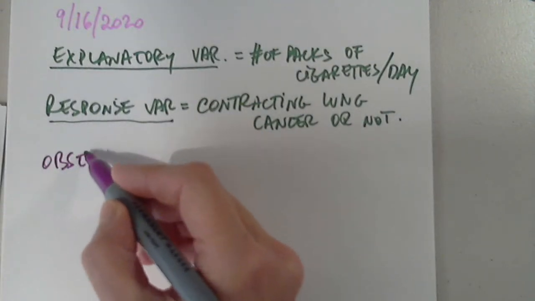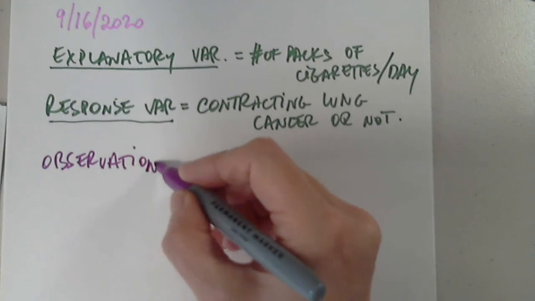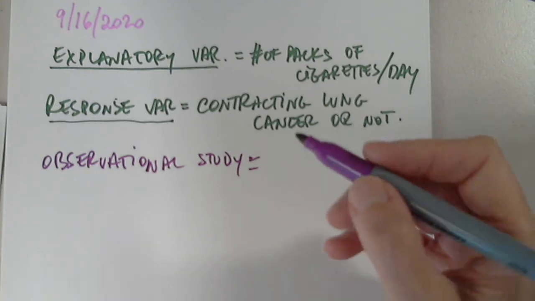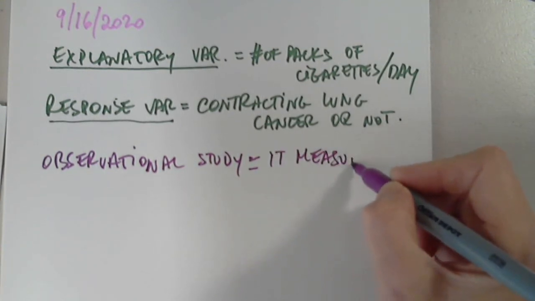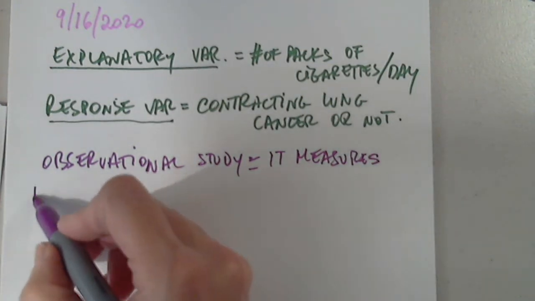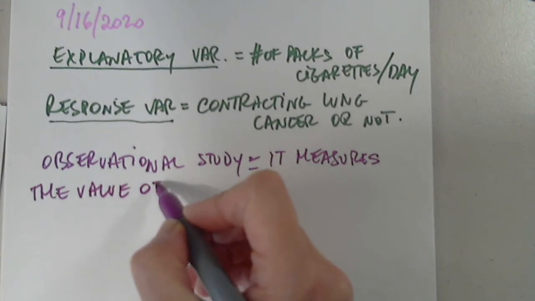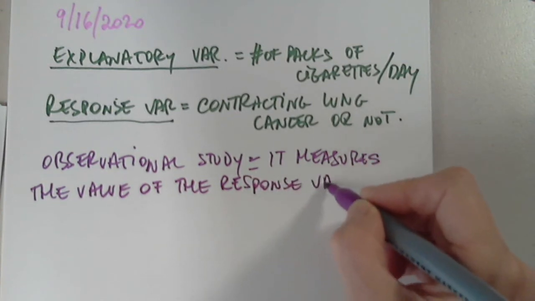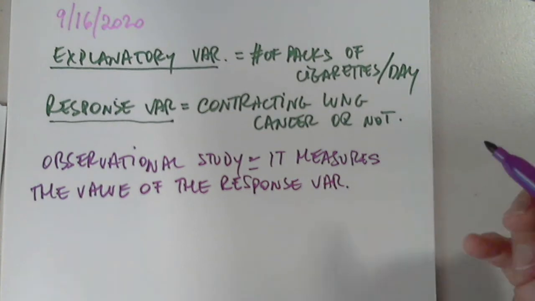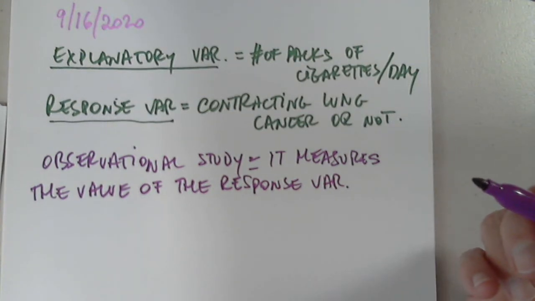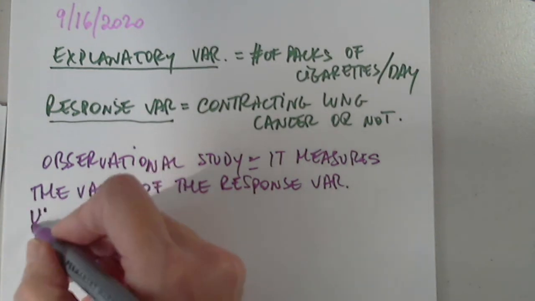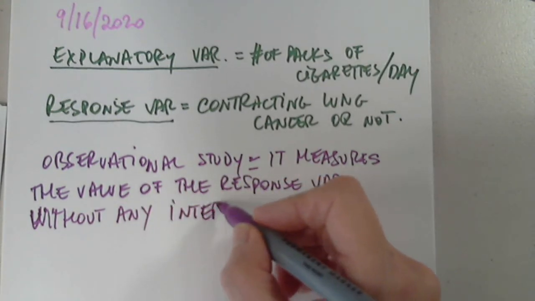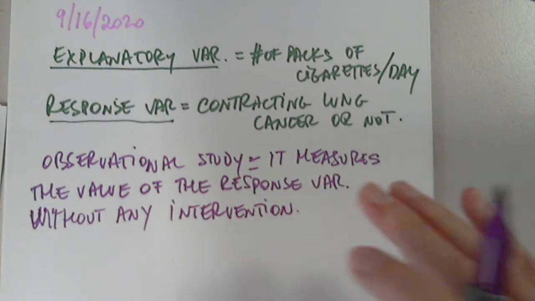Observational study. And what it does, it measures the value of the response, of course, the response variable, without influencing the value of the variables in general, without any influence, without any intervention, in short, of any kind, no intervention.